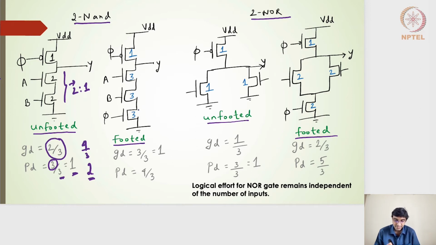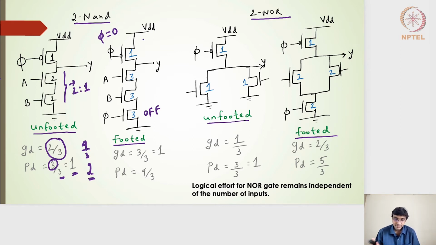So now the foot transistor is there, which is the transistor closer to the ground rail, and whenever phi is equal to 0, this will be off, so that contention or the path to the ground by the pull down circuit will not be complete, because even when phi is equal to 0, the pre-charge mode, this transistor will be off, and that's the reason why the discharge path is cut off. So the output can only charge to VDD, right?